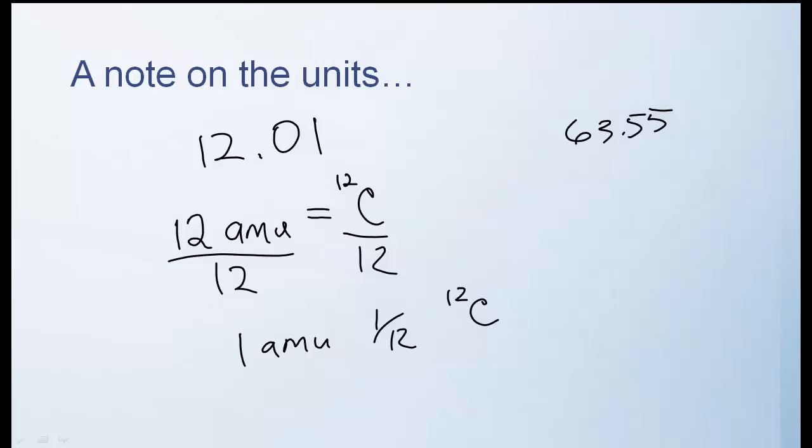And so if you want to think about it as 63.55 atomic units divided by 1 atomic unit, the units here cancel off. We'll talk more about that in a subsequent lecture.